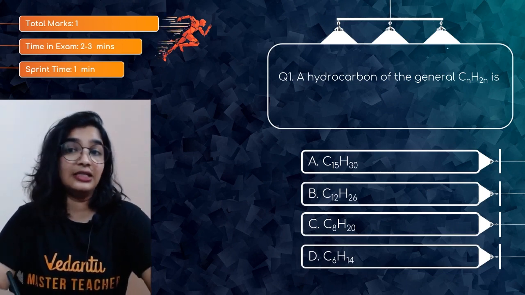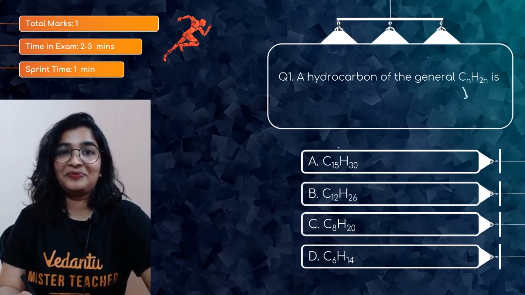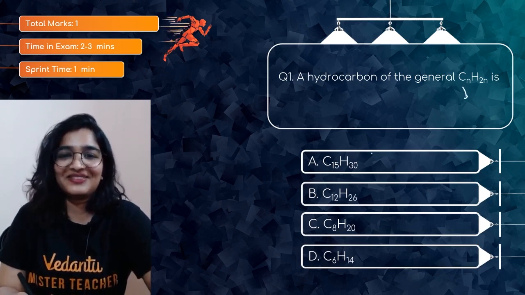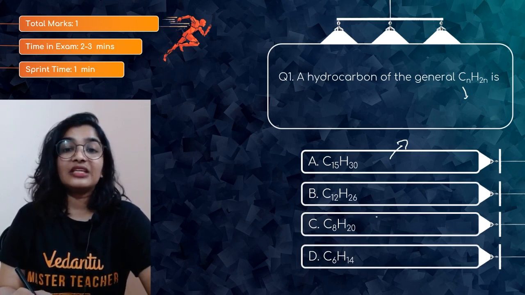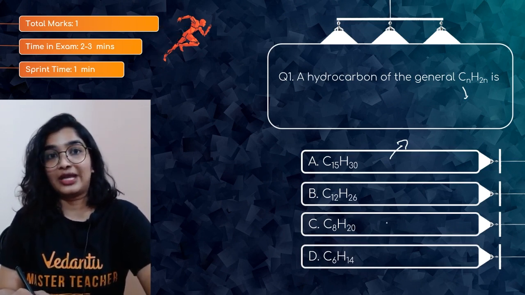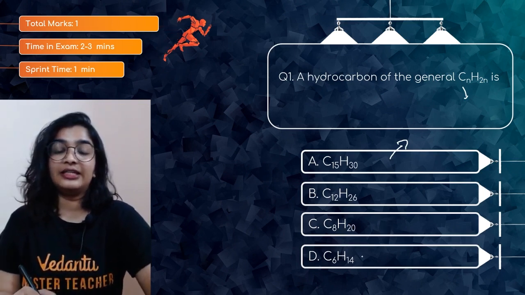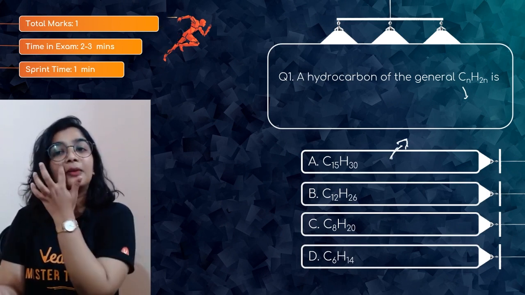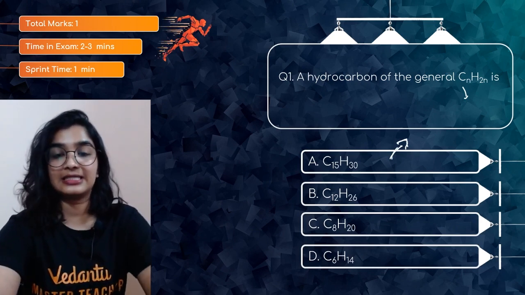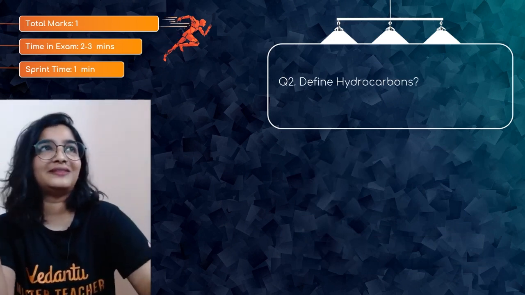So CnH2n has to be an alkene. 15, 30: 2 into 15 is 30, so we got the answer already. 12, 26, nope. 8, 20, no. 8 into 2 is 16 plus 4, nope, that would be CnH2n+2. So the right answer is C15H30, option A.